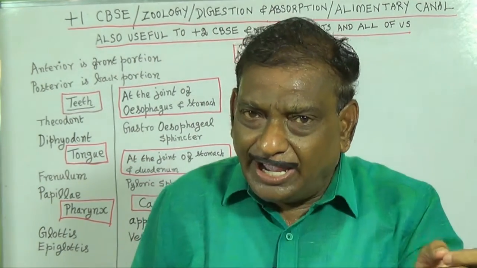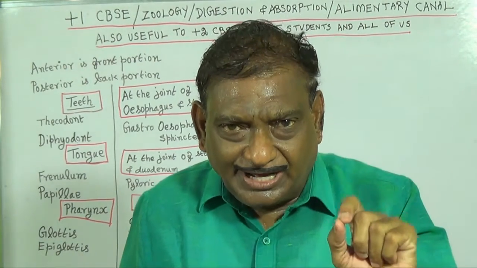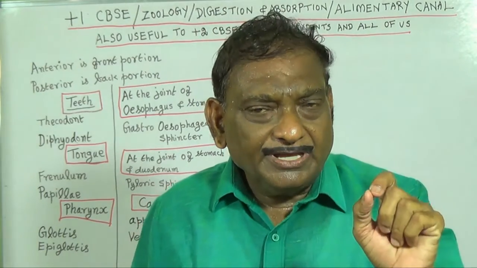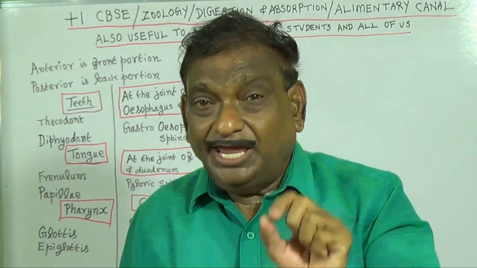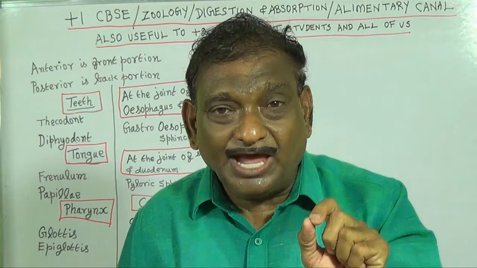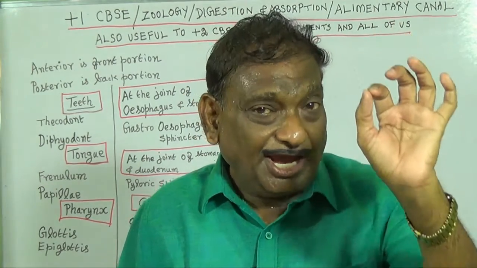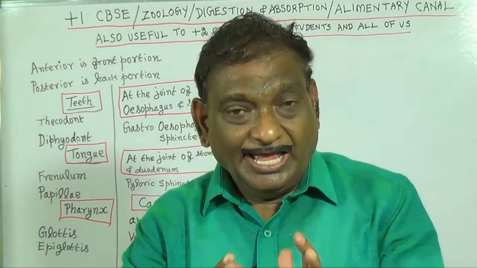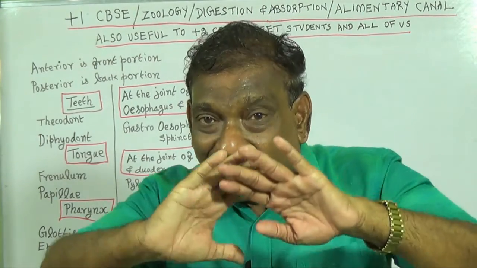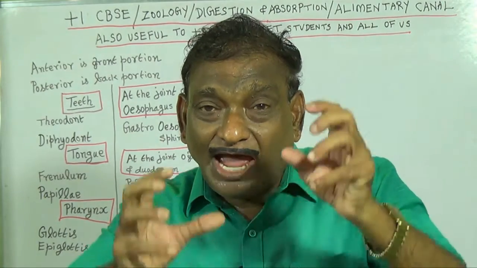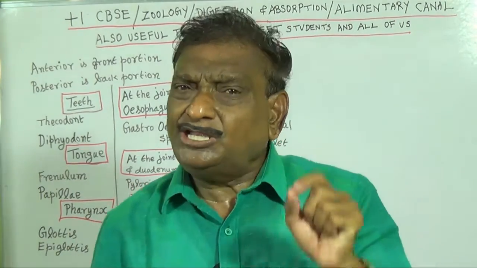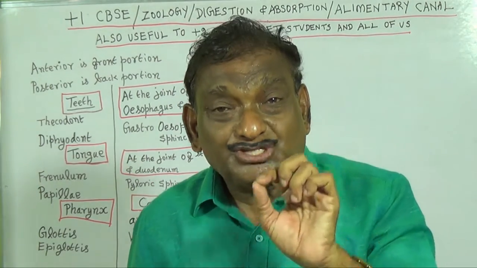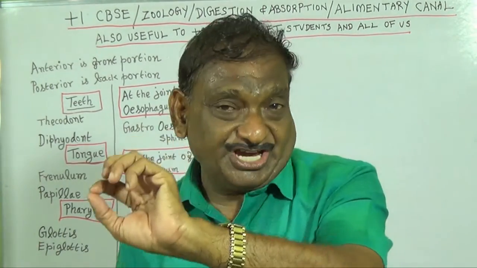Then coming to the fourth layer, that is last layer, mucosa. This mucosa is the innermost layer of the walls of the alimentary canal. This innermost layer, that is mucosa, covers the lumen of the alimentary canal. What is lumen? Lumen is the inside space of the tubular structure.